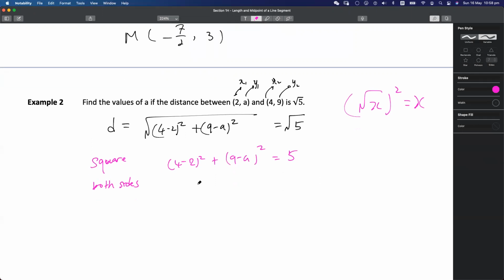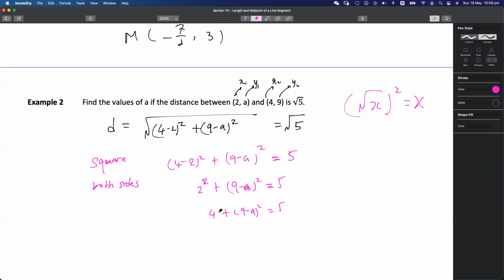And then 4 minus 2 is 2. 2 squared plus (9 minus a) squared is equal to 5. Now 2 squared is 4, plus (9 minus a) squared is equal to 5.